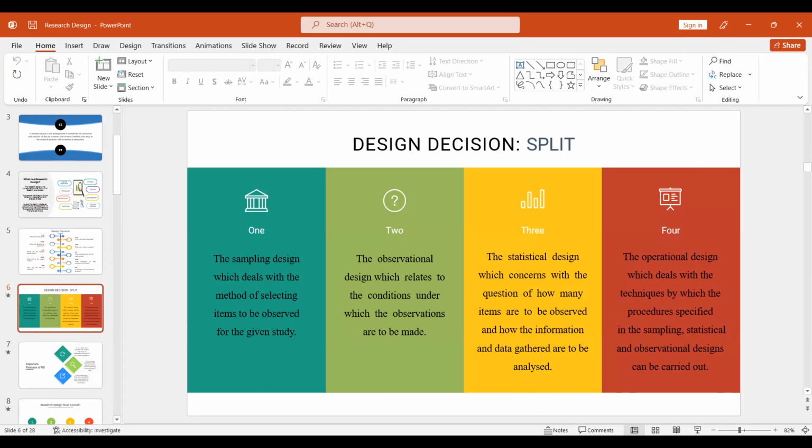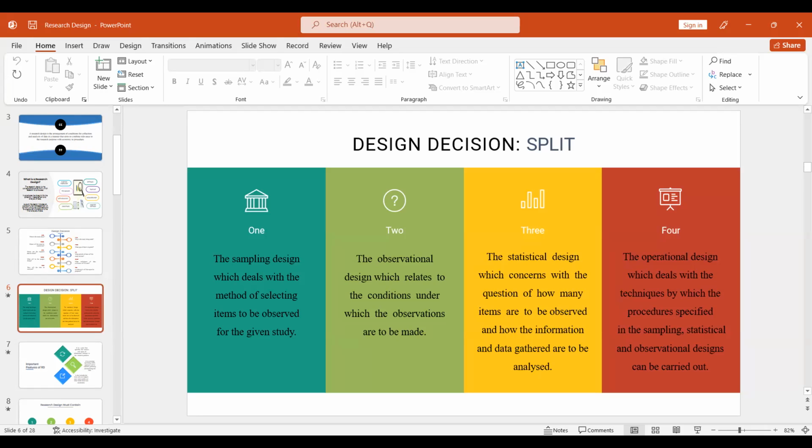The next is the decision or design decision, that is a split. The sampling design, which deals with the method of selecting items to be observed for the given study. So sometimes we frame or generate a number of items. But now the question arises how far those items are relevant and have clarity.